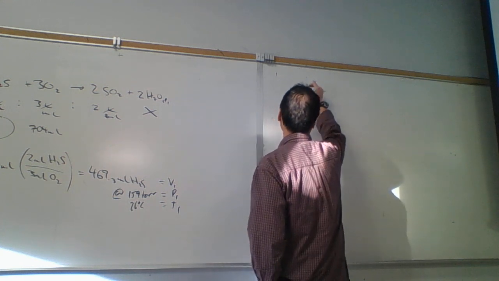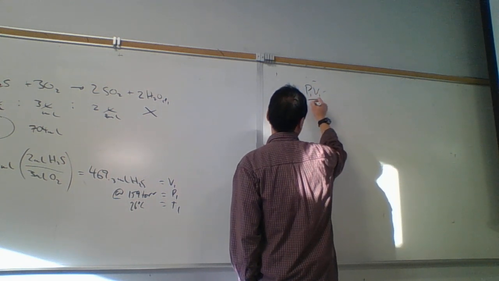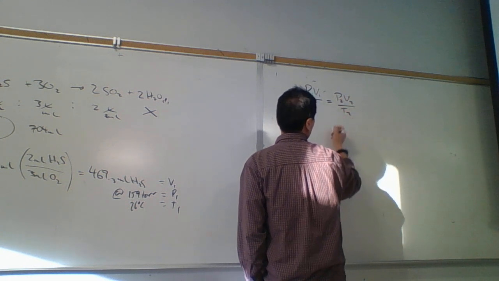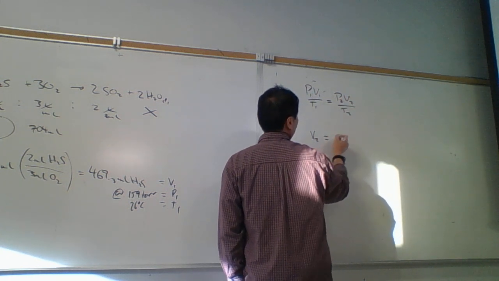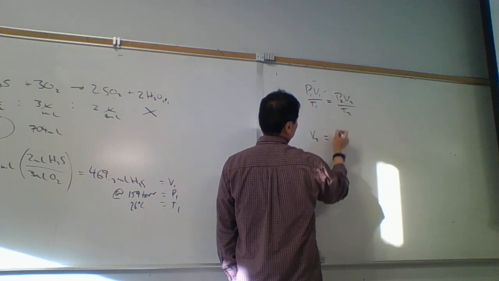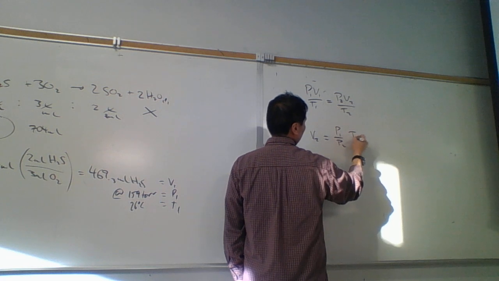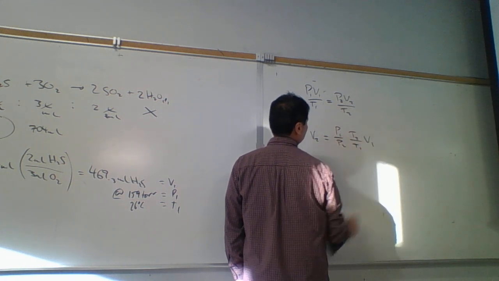And so what we're going to do is P1 V1 over T1 is equal to P2 V2 over T2, and then solve for V2. V2 is going to equal P1 over P2, T2 over T1 times V1.